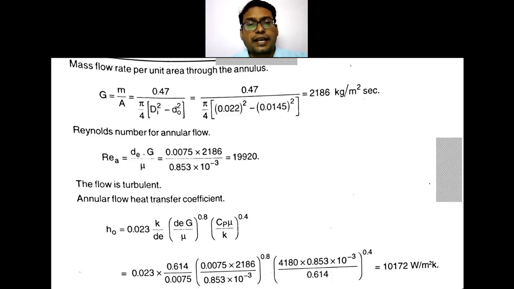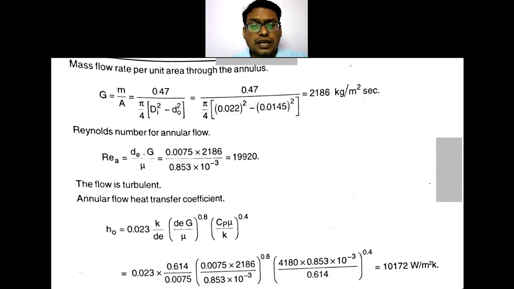From there we can calculate the Reynolds number, which is d u rho by mu, and again this is in the turbulent region. So annular flow heat transfer coefficient: now here we have to use the equation which is suitable for annular flow heat transfer coefficient calculations.